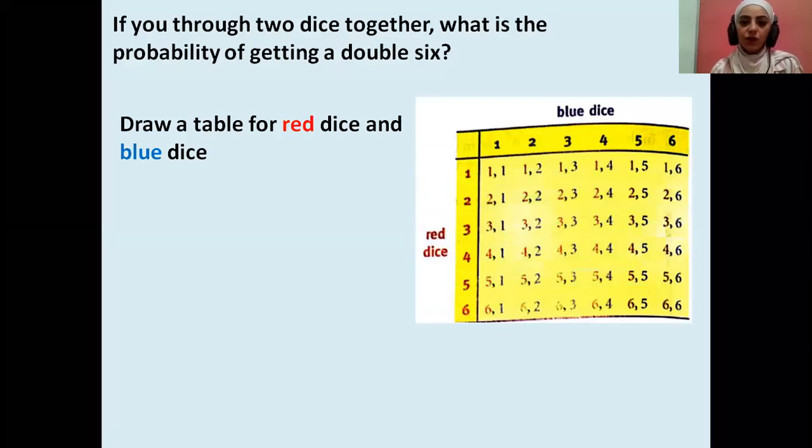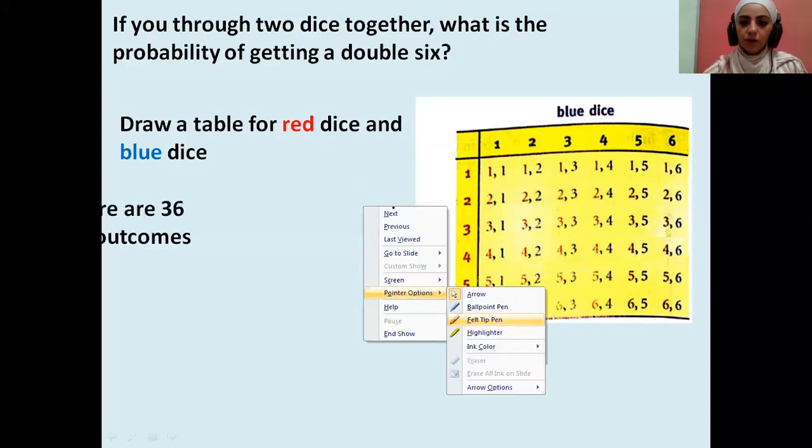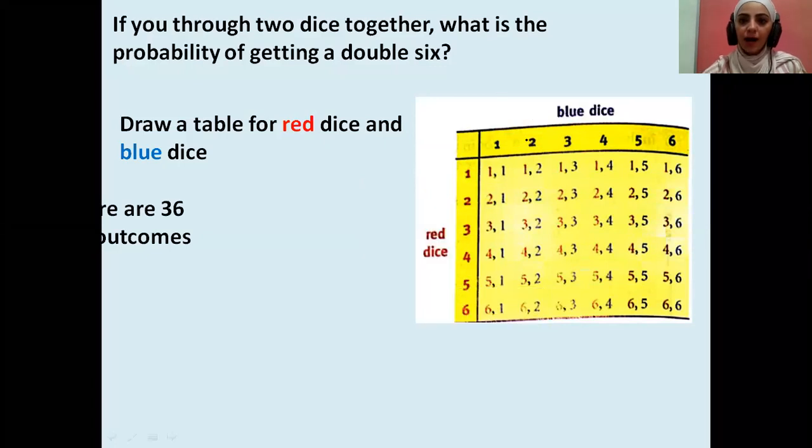So let's imagine that one of the dice is blue, the other one is red. As you see here, you have the numbers of the blue dice. We have 1, 2, 3, 4, 5, 6, the numbers that we get from the first dice.